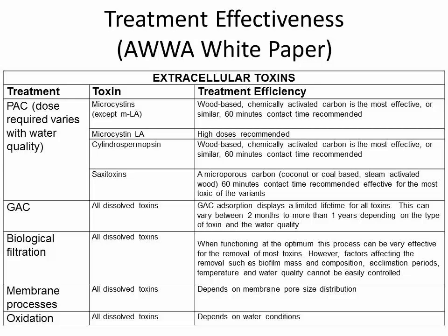For cylindrospermopsin, wood-based chemically activated carbon is the most effective. Again, a 60-minute contact time. Saxitoxins, the recommendation is a microporous carbon, coconut or coal-based, steam-activated wood, 60-minute contact time.